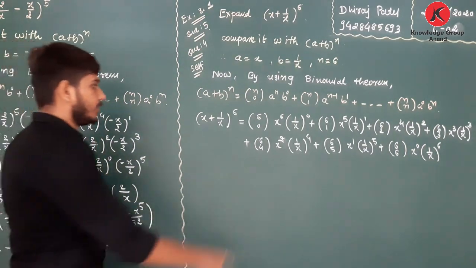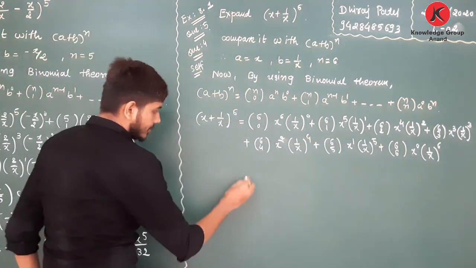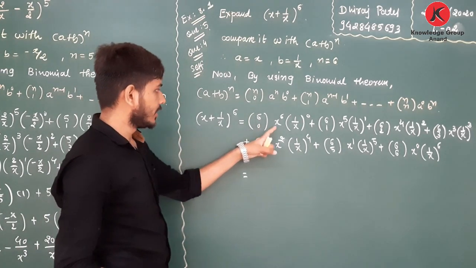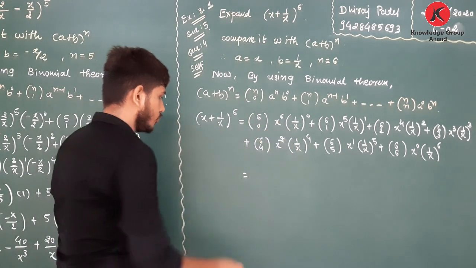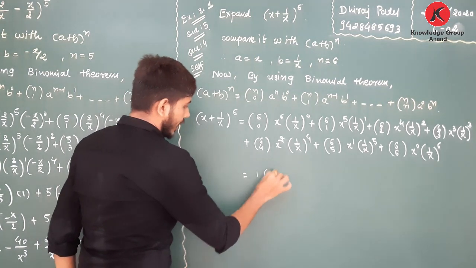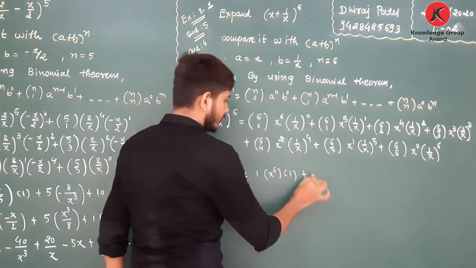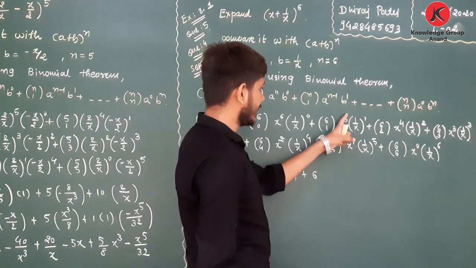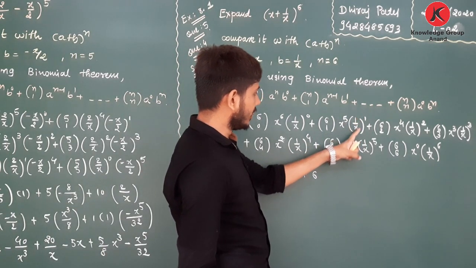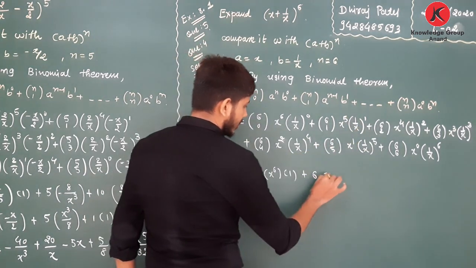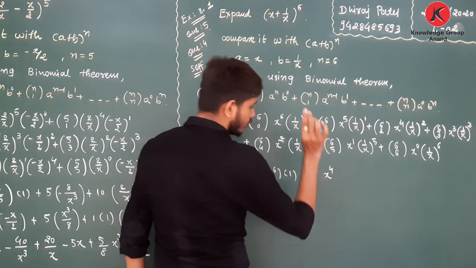Now simplify this term and expand this calculation. We are getting 6C0 is 1, x raised to 6 into 1, which is x raised to 6, into 1, plus 6C1, the answer is 6, x raised to 5 into 1 upon x raised to 5 divided by x, which is equal to x raised to 4.